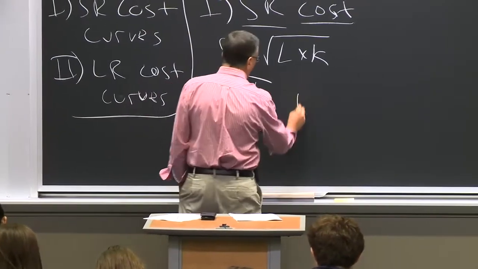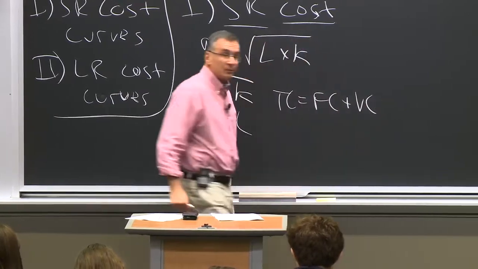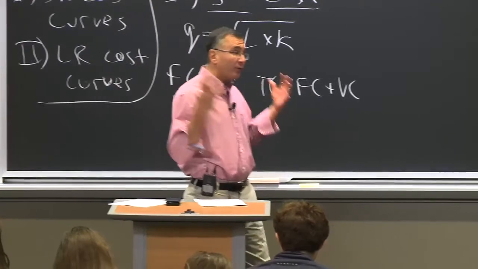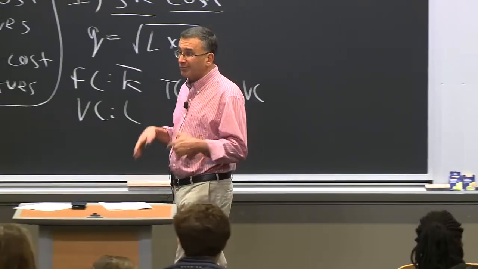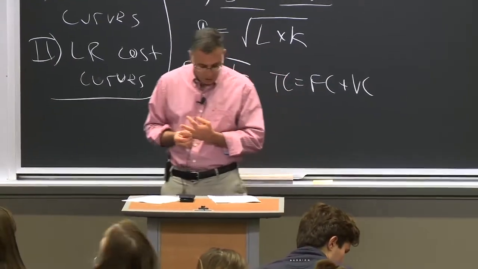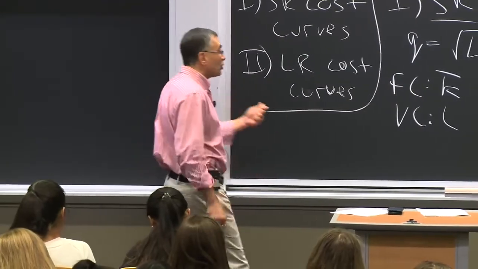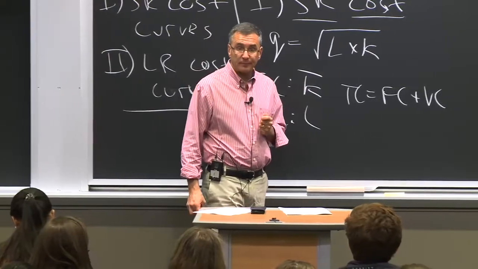Total costs are simply fixed costs plus variable costs. So that's how we think about costs: the cost of a firm's production in the short run is the sum of their fixed costs, i.e. their capital costs, and the variable costs, i.e. their labor costs.